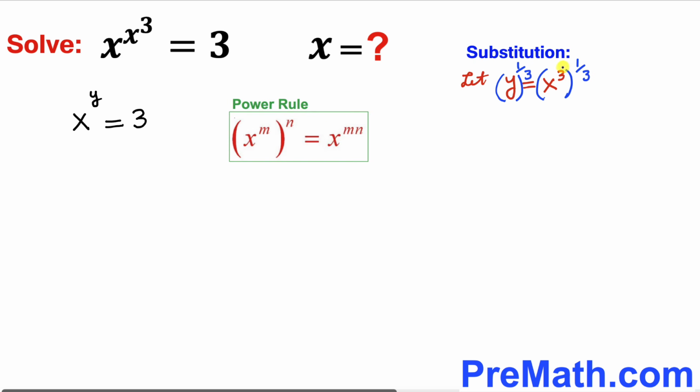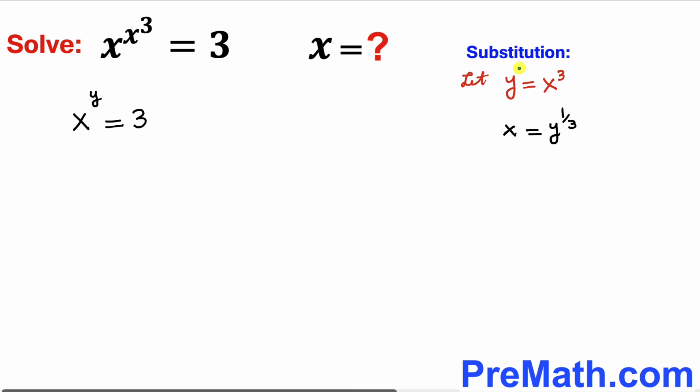So we can multiply out 3 times 1/3, which gives us simply 1. So the right hand side simply becomes x, and we get x equals y power 1 divided by 3. Thus we conclude that if y equals x power 3, then x could be written as y power 1/3. Now let's focus on this equation.